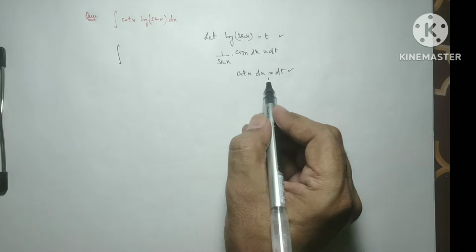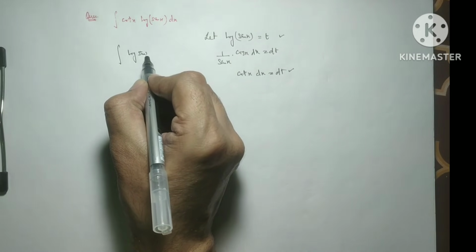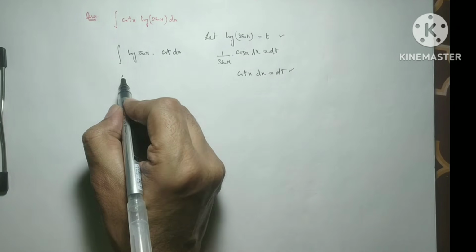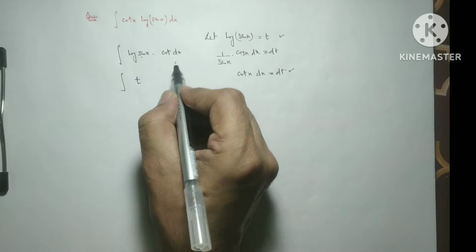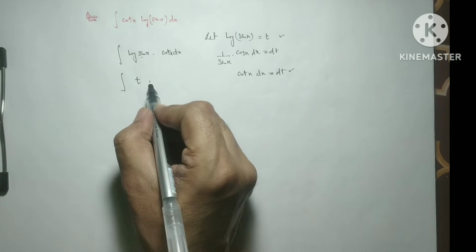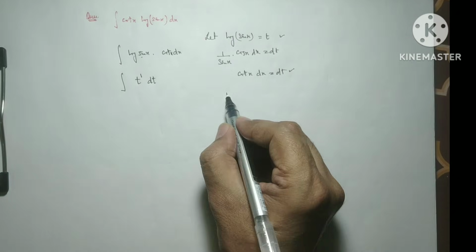So cot x dx and log sin x. So log sin x into cot x dx. So we put this value as t and cot x dx as dt. Right, now this is the power formula.